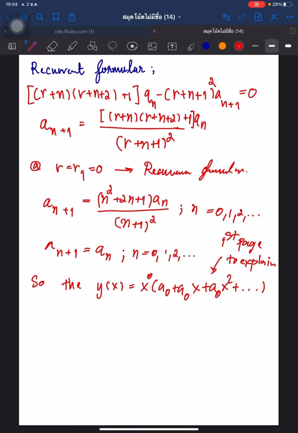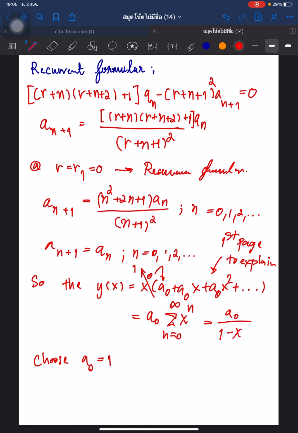Okay, and we can rearrange in the zero term, which is a0, because x to the 0 is 1. The constant is the only term, x to the n, and a0 is 1 minus x. Okay, we choose a0 equal 1.